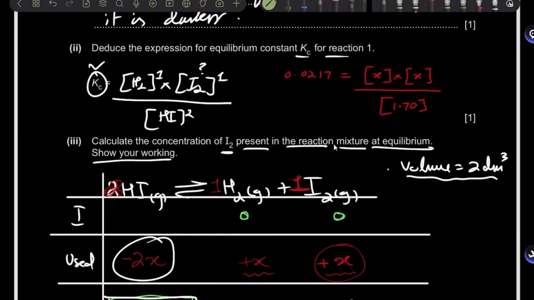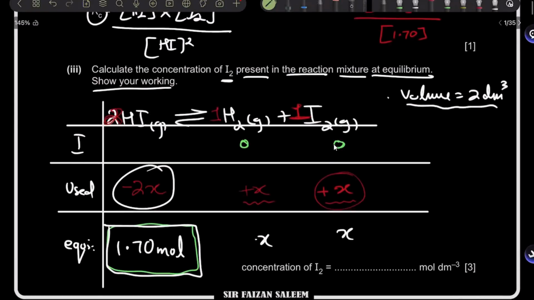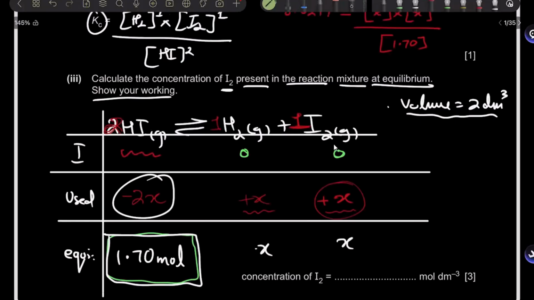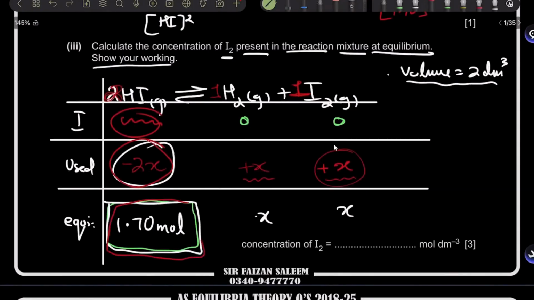It would just be half of 1.7, right? No, because X will never be half of 1.7. Listen, whatever the moles were here, those moles subtracted by the used moles, that's the moles that were left at equilibrium, right? So now I have the equilibrium moles. Why am I making a ratio?